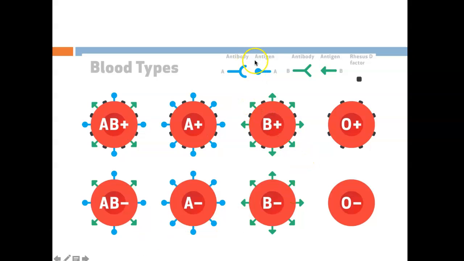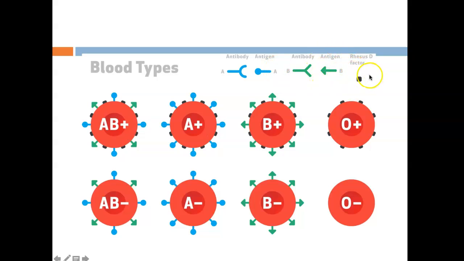All right. So remember, the antigen is the carbohydrate that's hanging off of the red blood cell that gives it its ID. And then the rhesus factor is a protein that is on the red blood cell. So here are all of your blood types. Let's just talk about this for a second. Here is your A carbohydrate. Here is your B carbohydrate.